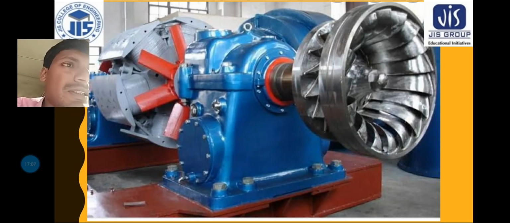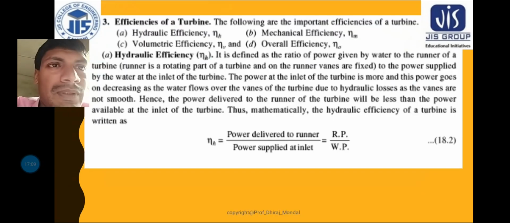So this turbine part will be discussed. First of all, the efficiencies of the hydraulic turbine will be discussed here. You know that there are mechanical efficiency, hydraulic efficiency, volumetric efficiency, and overall efficiency. There are mainly 4 types of efficiency, and we will establish the relationship between the hydraulic, mechanical, and overall efficiency.